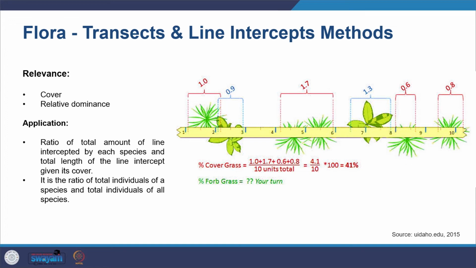So you create a ratio of the total amount of line intercepted by each species and the total length of line intercepts, giving its cover, and you also take the ratio of the total individuals of a species and total individuals of all the species. So you take out all those kinds of information. The benefit of this is that it allows rapid assessment of vegetation transition zones.